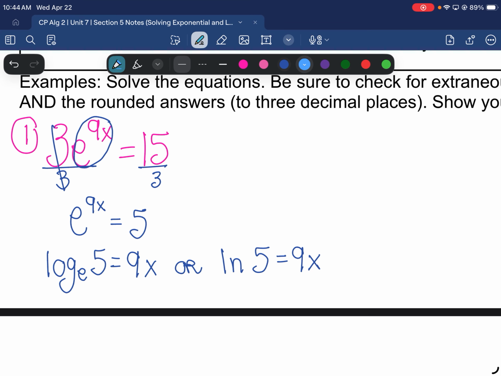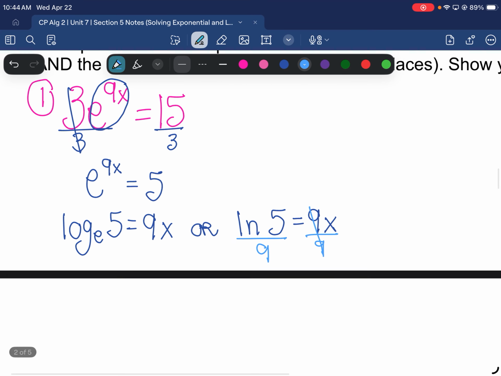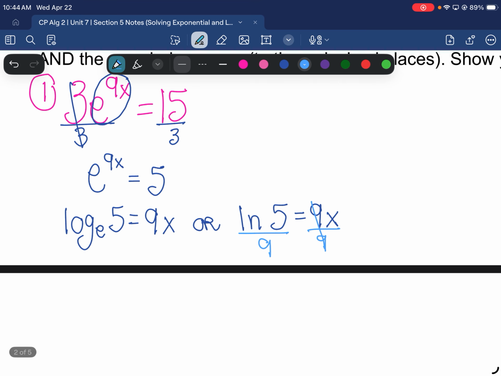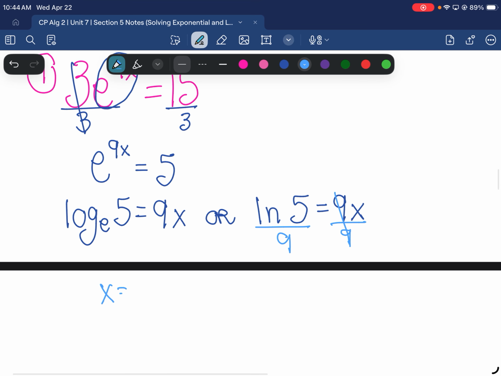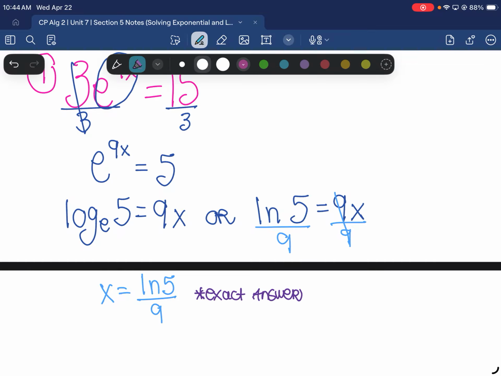That's all you're doing. So here's what you have. I'm going to go down here. I'm sorry that I ran out of room. That is the exact answer. Make a note for yourself. Exact answer. And I ask for that.